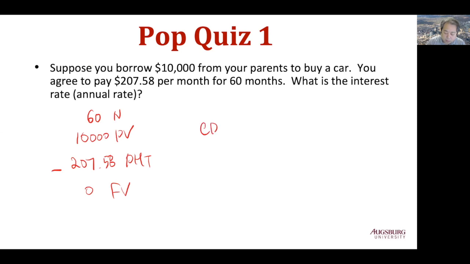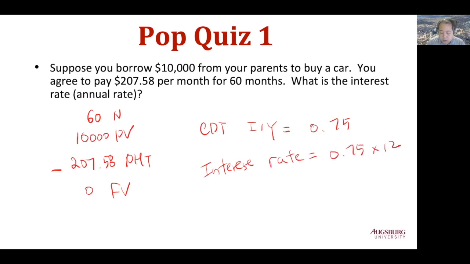And you compute the interest rate, then you have 0.75. And this is not the answer because you should answer the annual rate. So the interest rate equals 0.75 times 12, which is 9%. So the answer is 9%.